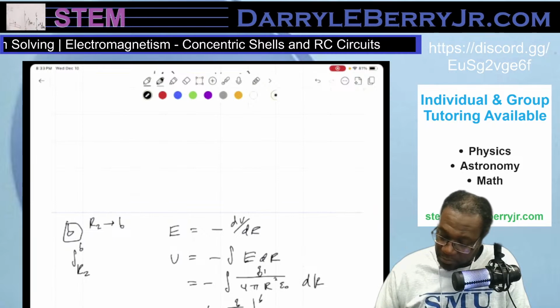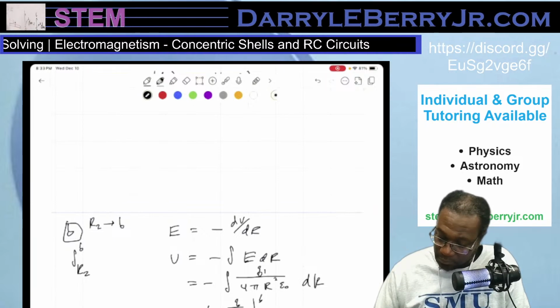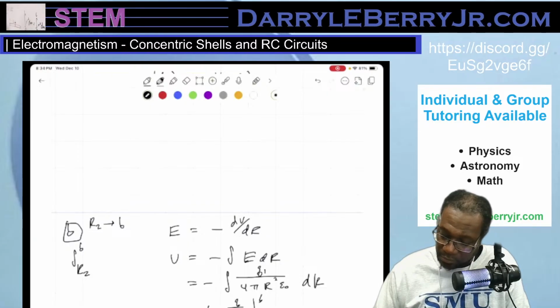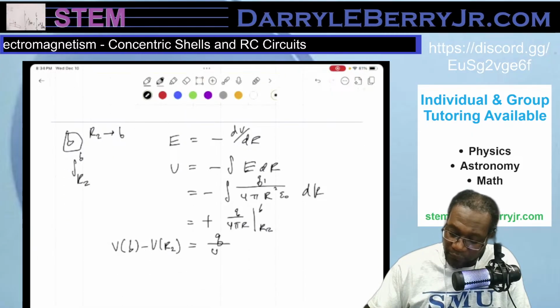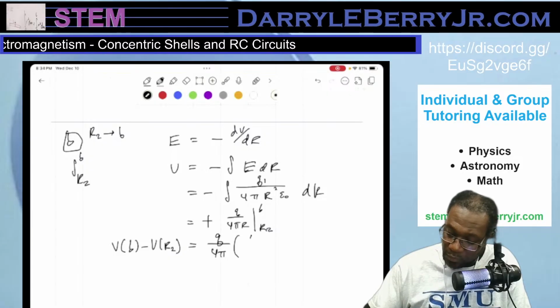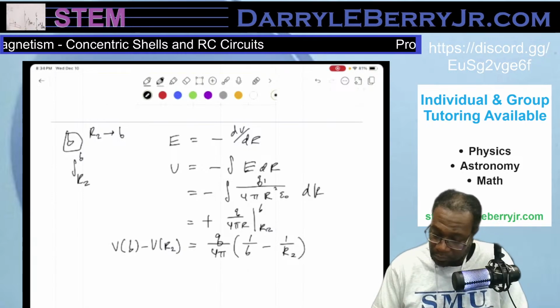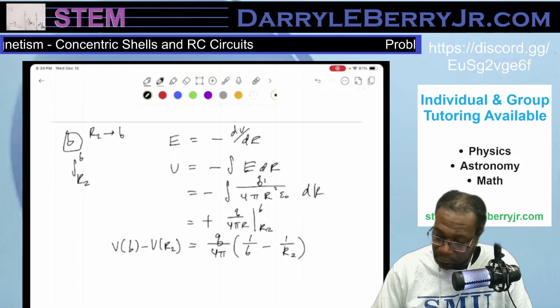That's going to be B minus R2 over 4, Q over 4 pi epsilon, 1 over B minus 1 over R2. I think that is correct.